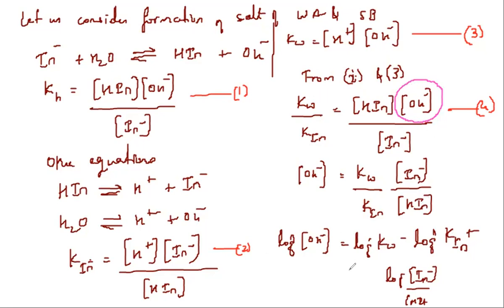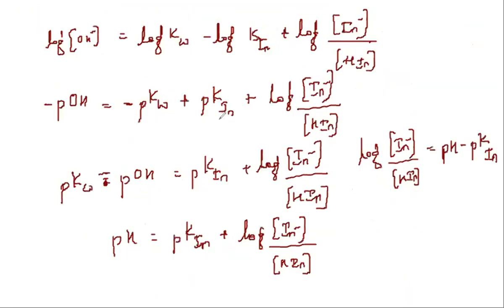Take log of it, and you will get log OH minus is equal to log Kw minus log K_In plus log of concentration of In minus upon concentration of HIn. If it were minus log OH minus, I would have written pOH. Since it is plus log, I will write minus pOH. Again, plus log Kw is minus pKw. This is minus log K_In, so pK_In, plus log this I'll keep.